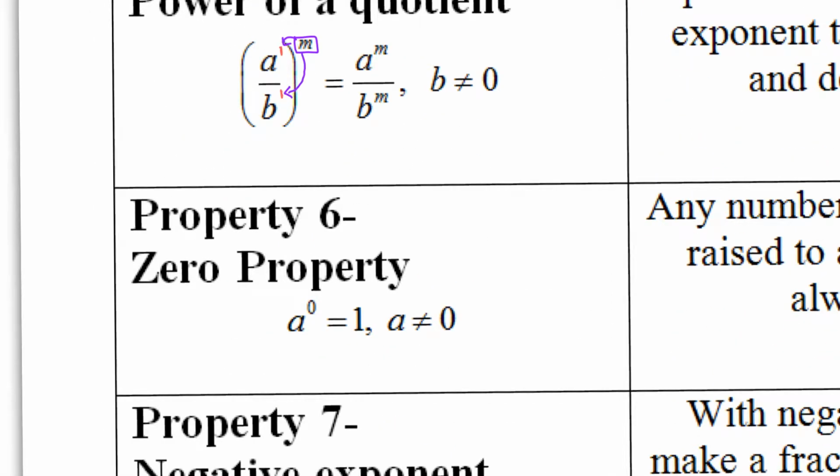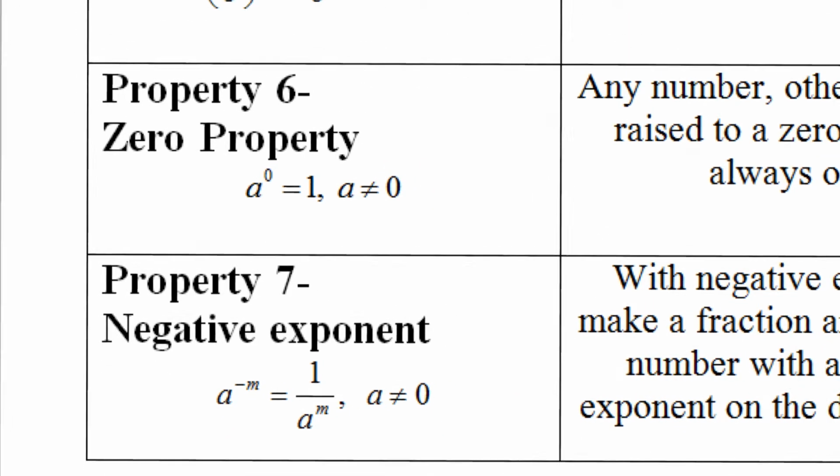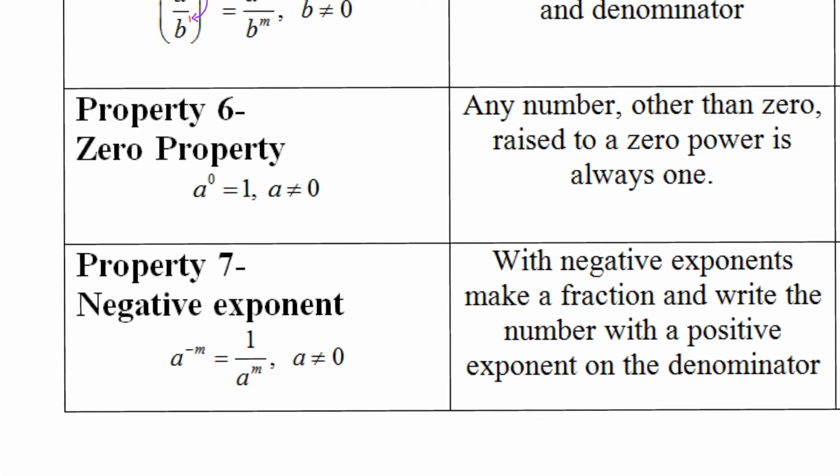Now property number 6 and 7, they're not really fractions, but these are also properties for exponents. So let's go ahead and look at property number 6. It says the 0 property, and it says any number or variable for that matter other than 0 raised to a 0 power is always 1. So the answer is equal to 1.